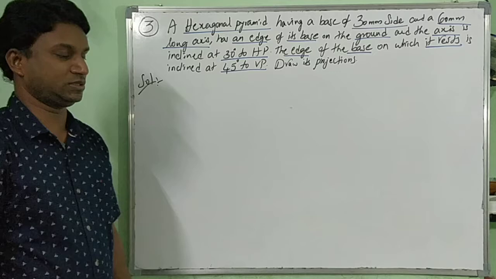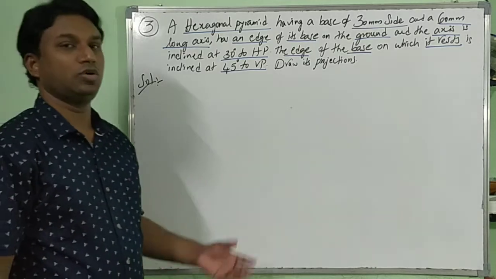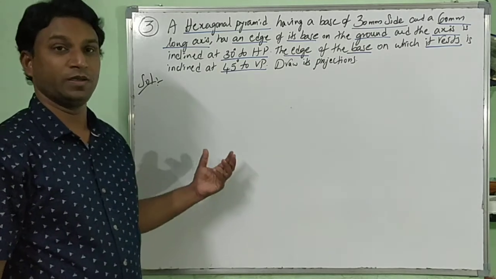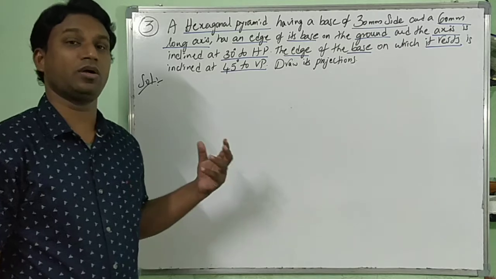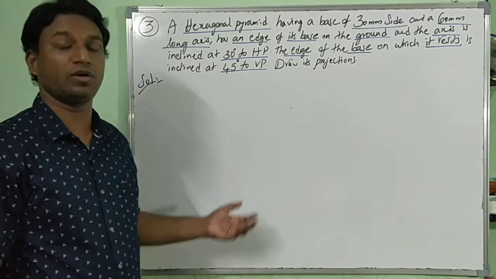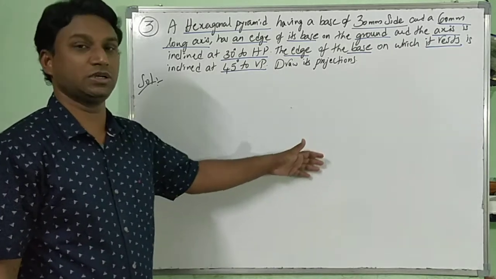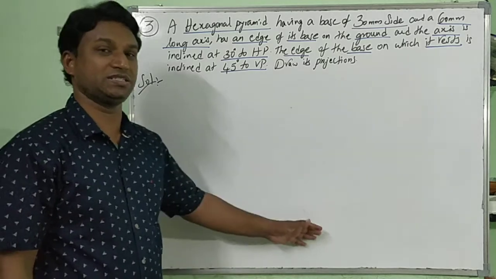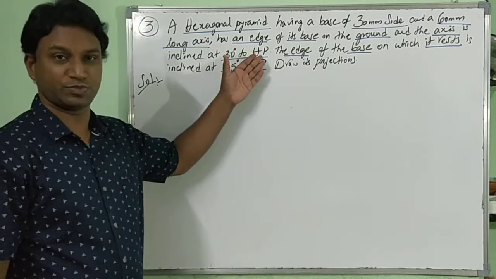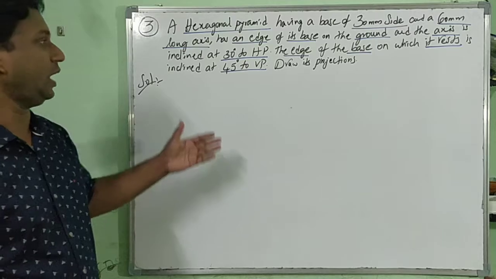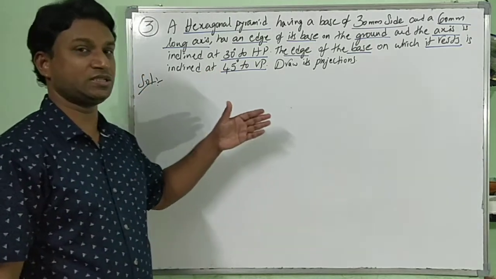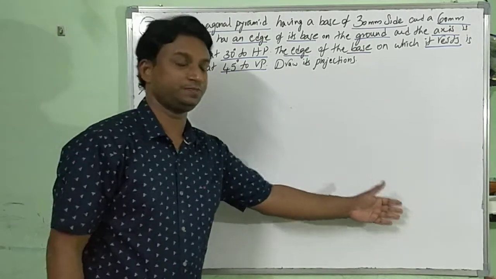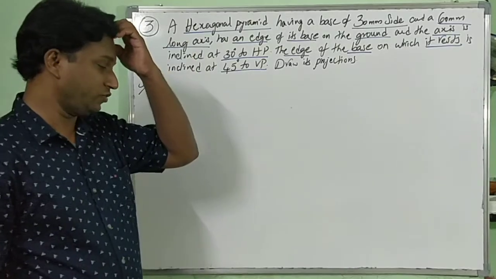First, we draw its true shape in any one view, and then the first position is complete. The second stage shows the inclination to HP, and the third stage, 45 degrees to VP.